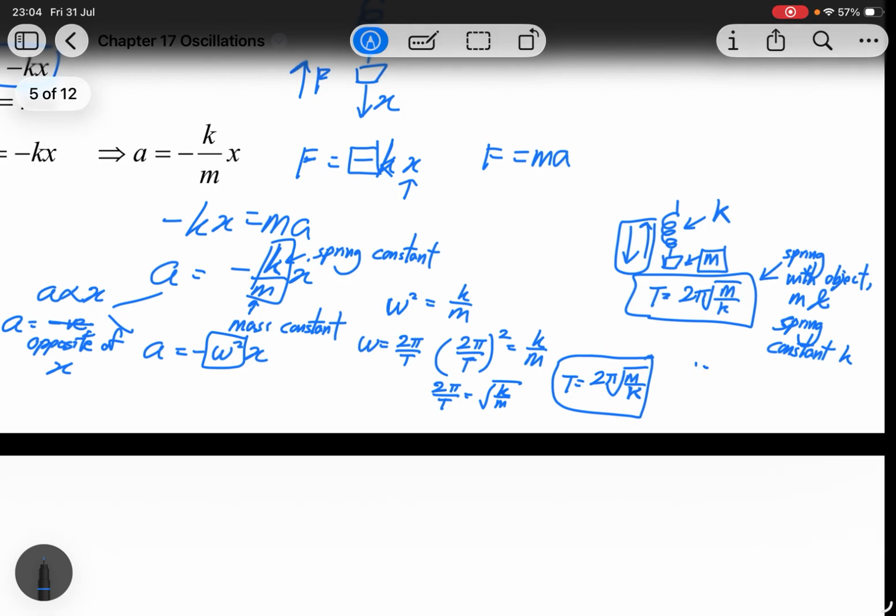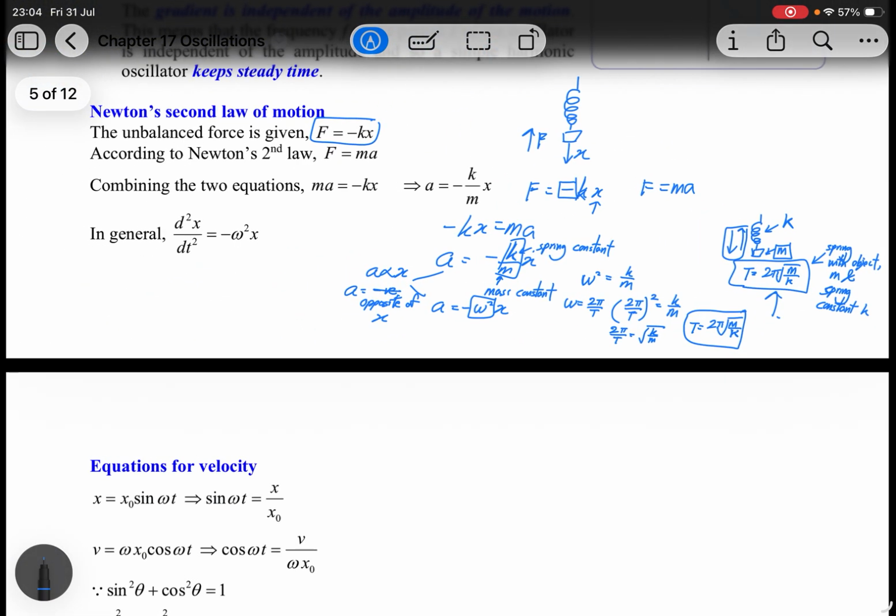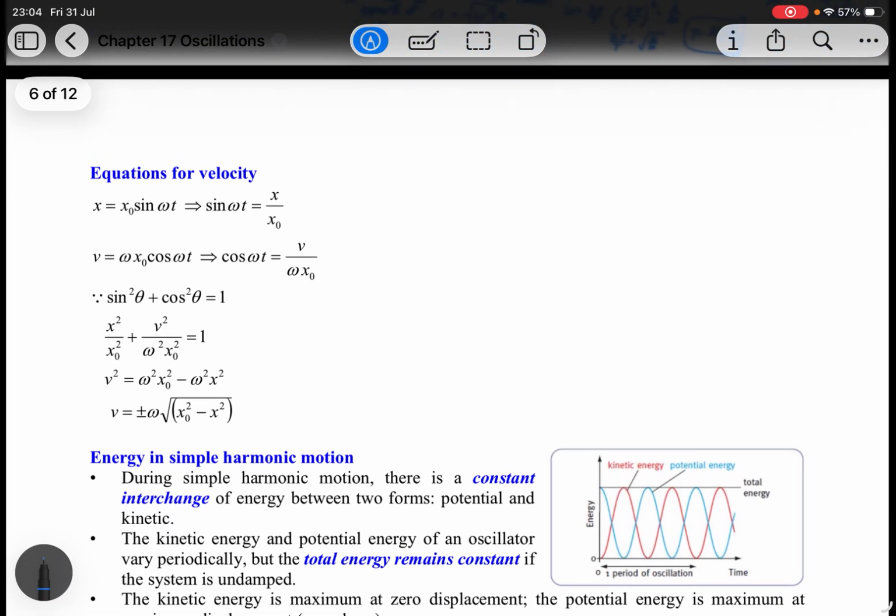Okay, this is the first formula, the period of oscillation of a mass connected to the spring.